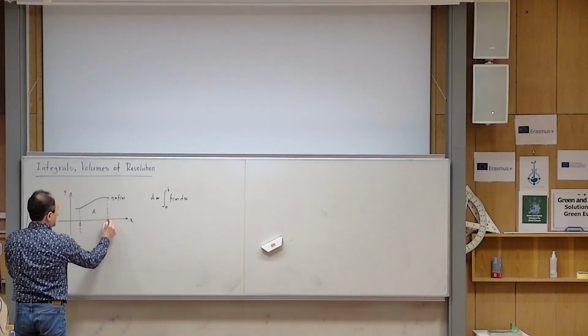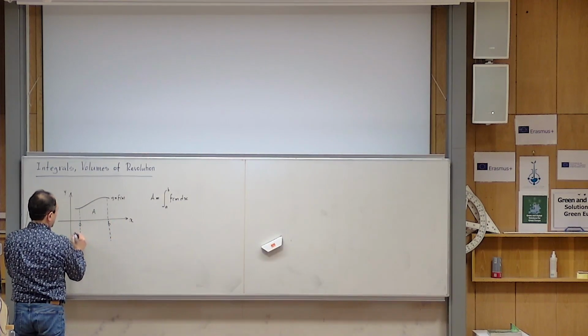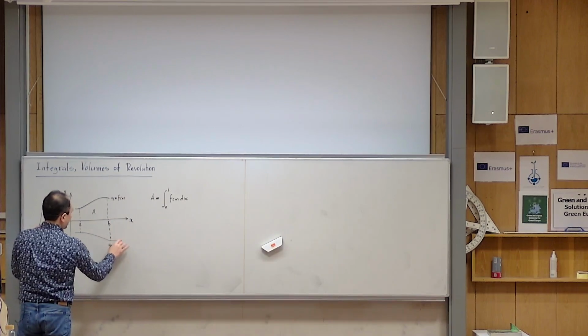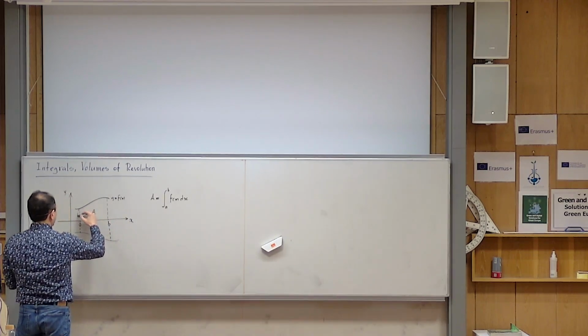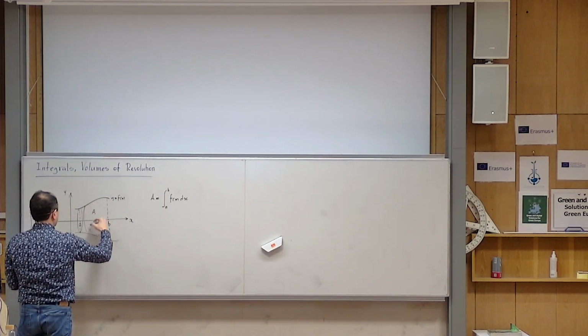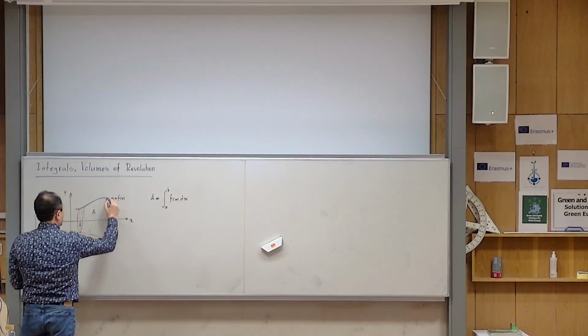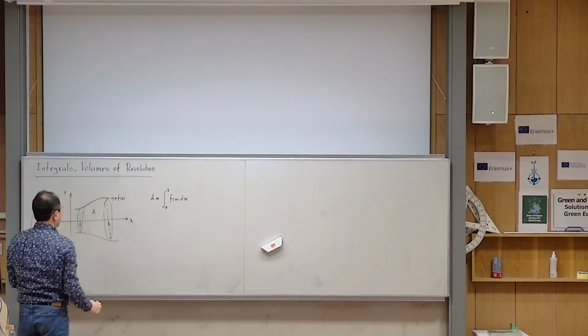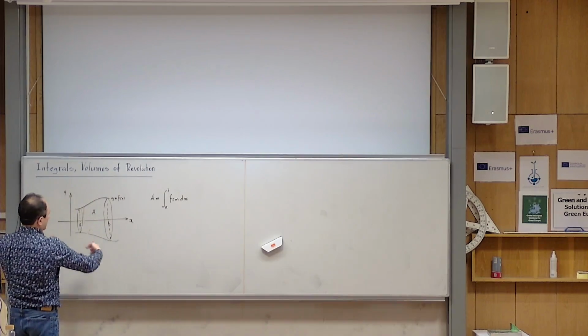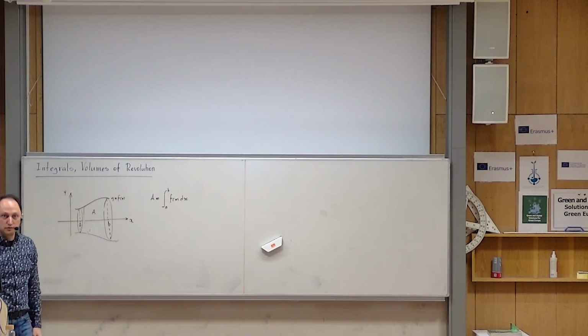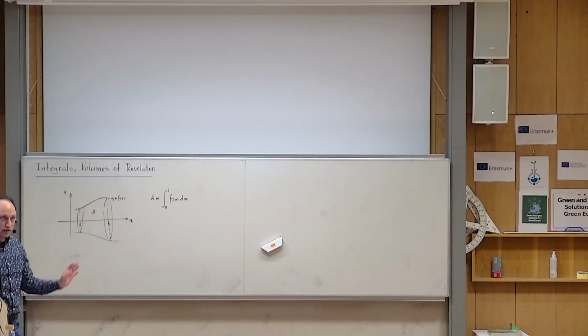So let me try to give you a flavor. If I can draw it, something like that. And then what you do, you start rotating it, you know. Might be that's a good representation. So you can feel what I'm saying. That's, I want to find the volume of that object. Is the idea clear? Okay.